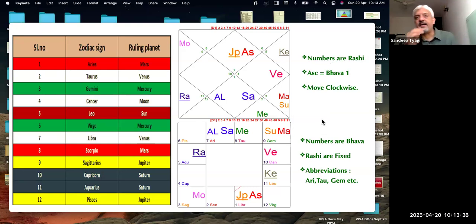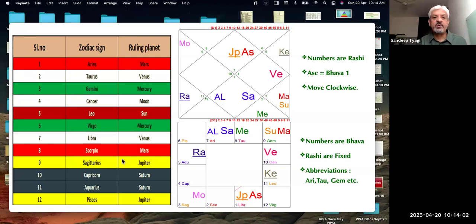So at this point in time, we just want to start getting a fix on which zodiac is ruled by which particular planet. So which part of the zodiac is allocated to the king, to the prince, to the minister, to the priest, etc. Sun and moon, as you notice, have only one house each. They own only one zodiac.